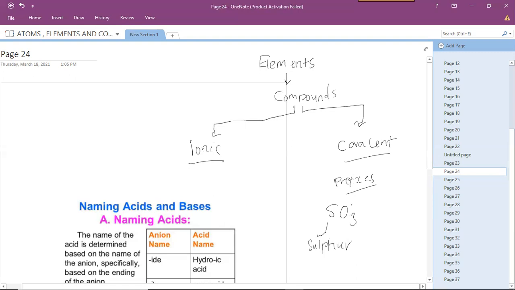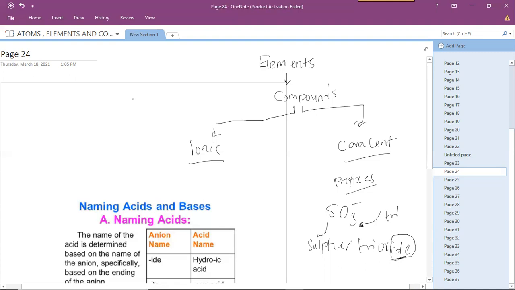Then we say this is the second element, which is oxygen, but we won't name it as oxygen, we're going to say oxide, but we also consider the subscript there, which is 3, meaning tri. So this would be sulfur trioxide. So we get the root name of oxygen and we end it in IDE. So for covalent compounds, this is how we name.